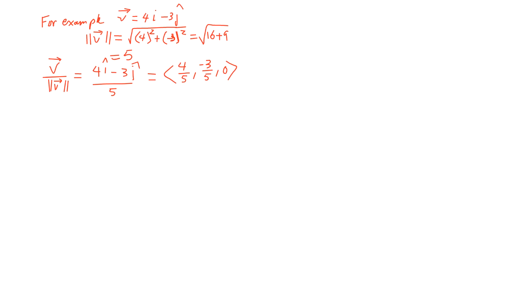Now, what's the norm of this vector? It is 16 over 25 plus 9 over 25, which is 1.